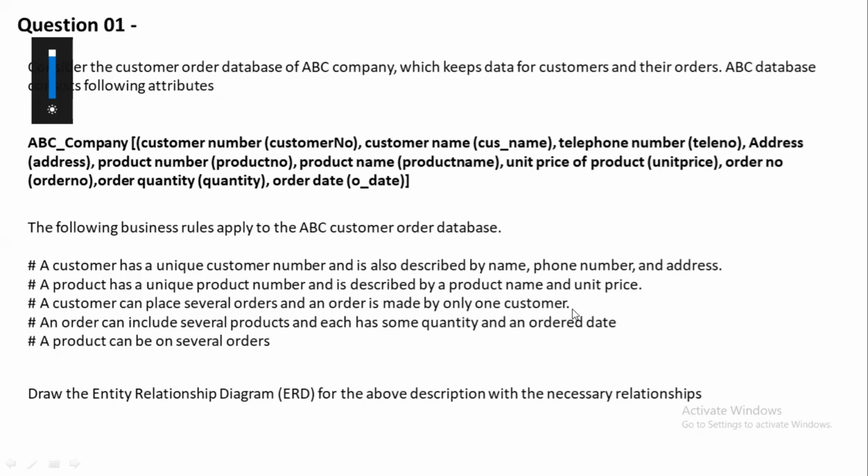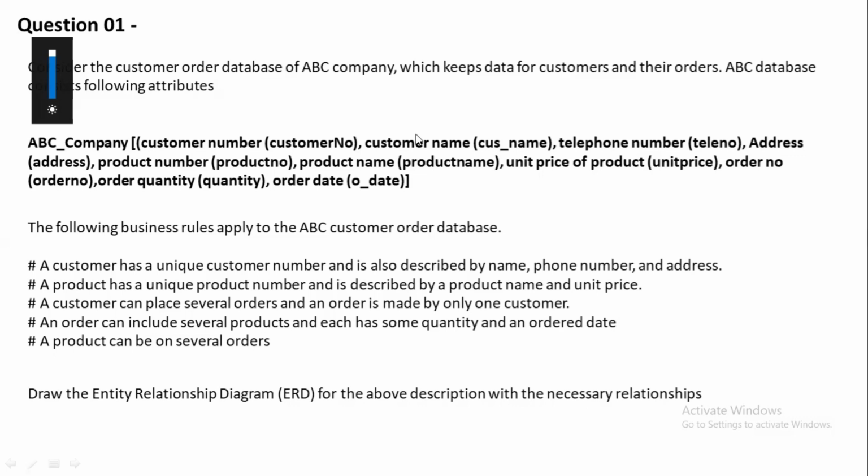In this line, they are suggesting what kind of relationship is between those two entities. Another says an order can include several products, and each has some quantity and order date. And a product can be on several orders. It is some kind of relationship in the ER diagram. So you want to draw the entity relationship diagram for the above description with the necessary relationships.